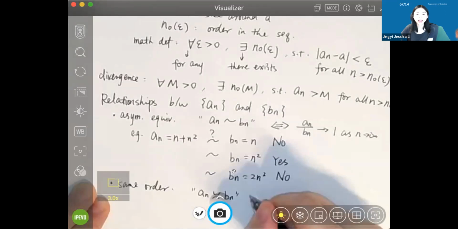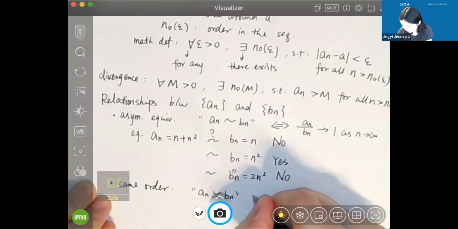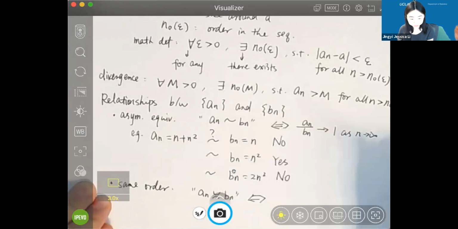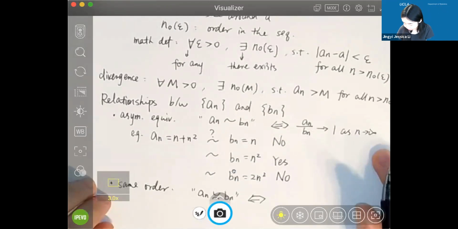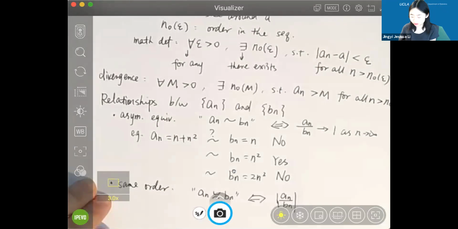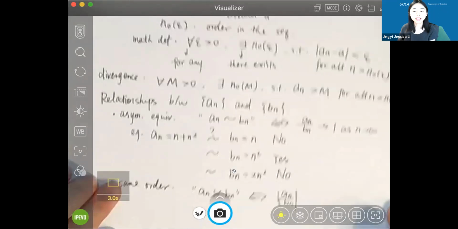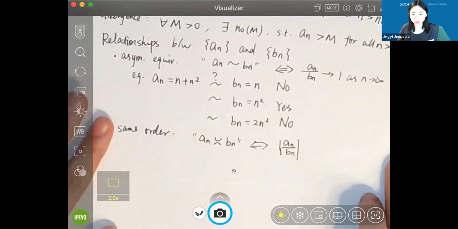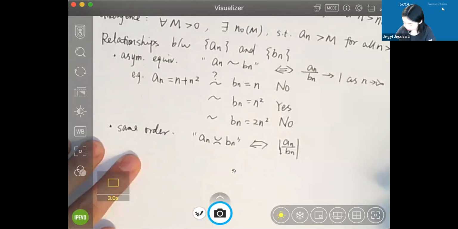Same order is defined as follows: we take the absolute value of the ratio a_n over b_n. What we want to say is that asymptotically, this absolute ratio is bounded.